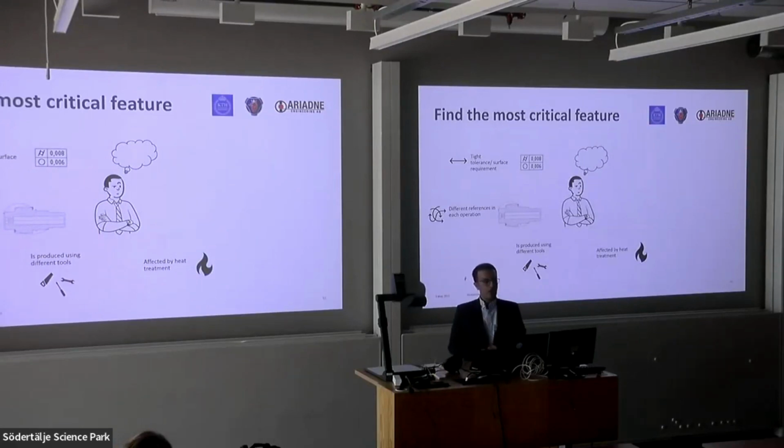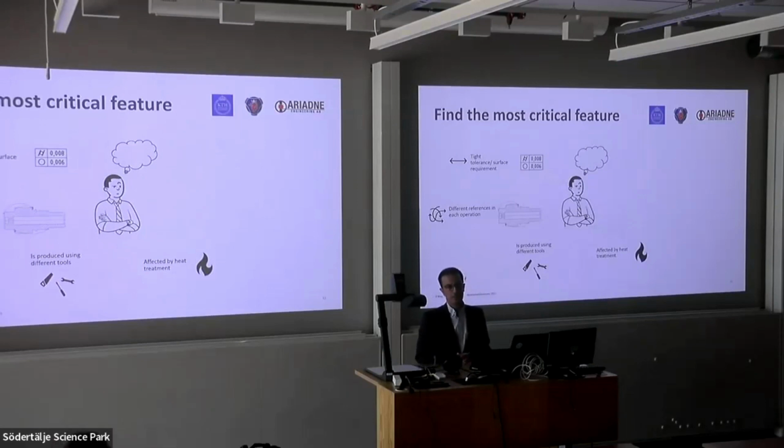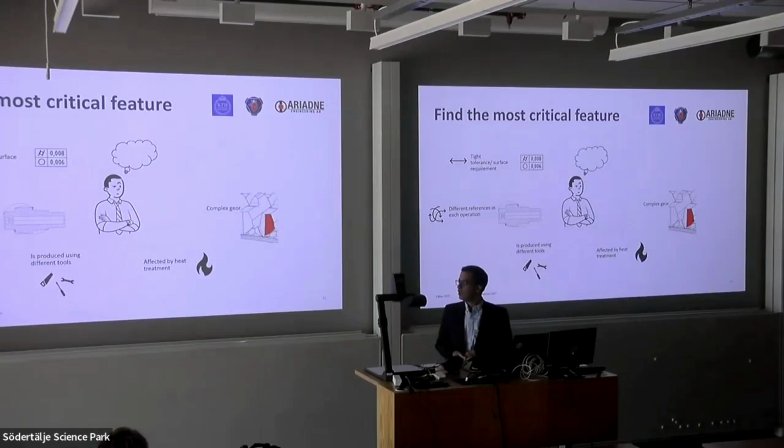The other parameter that's important and will challenge a process planner is heat treatment. Maybe a feature that's affected by heat treatment would be challenging, or a feature with complex geometries, like a 3D geometry.